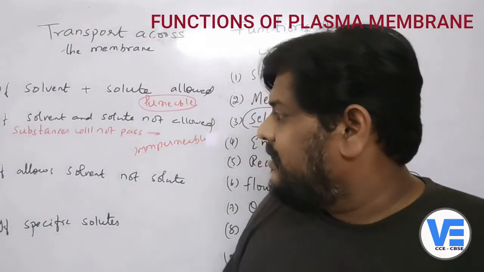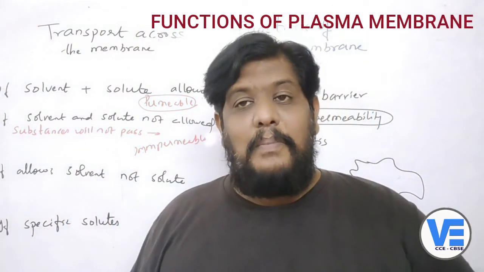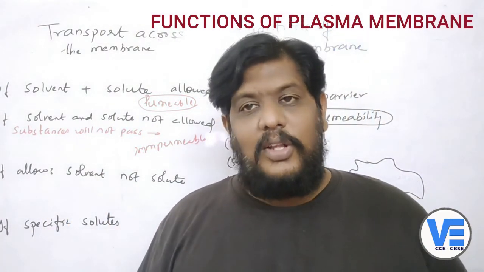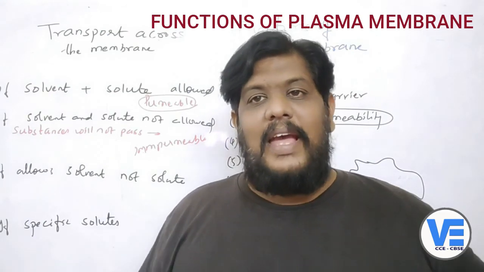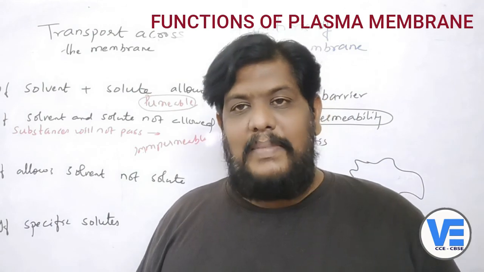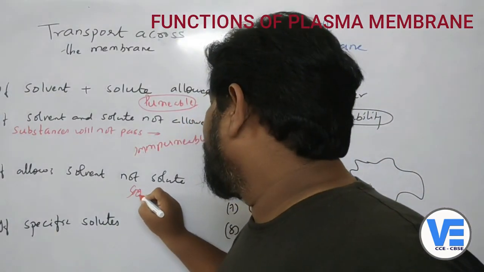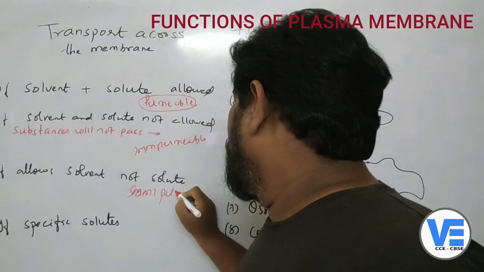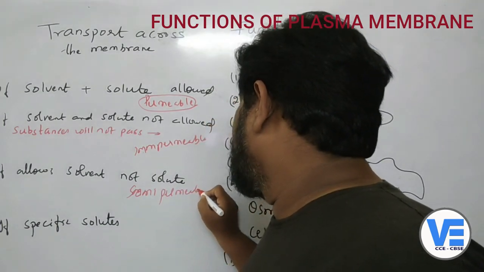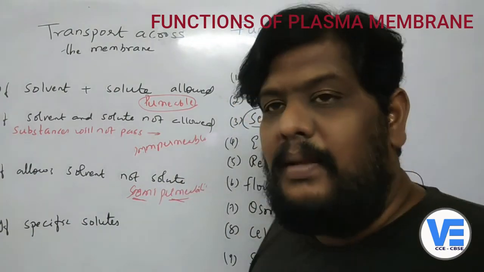The third one is if it allows solvents but will not allow the solutes. All the solid particles will be left away, and only the water is taken. If it is taking the water, that means it is showing semi-permeability. Now this membrane will be called a semi-permeable membrane.